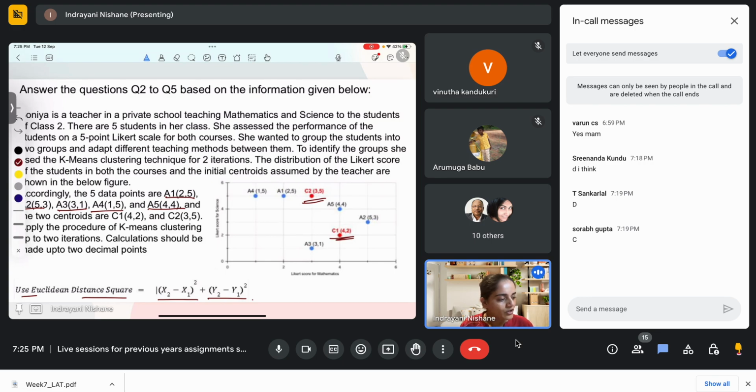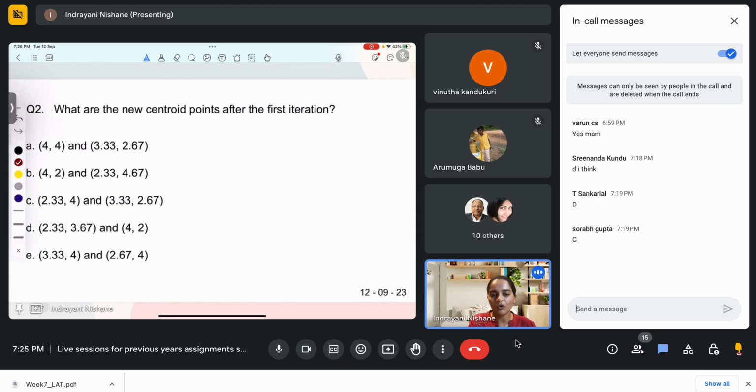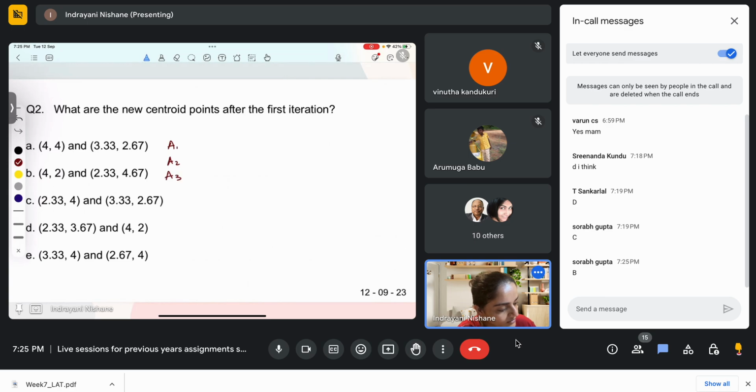Now we are supposed to calculate the new centroid points. I am going to write all the points here: A1, A2, A3, A4 and A5.